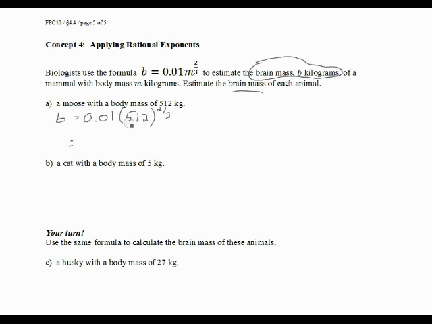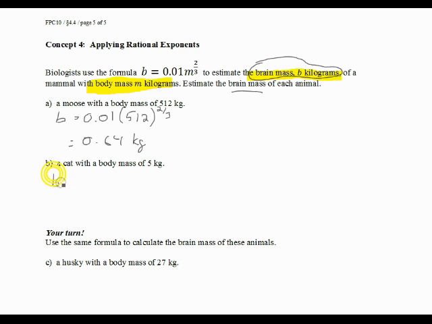You plug that into your calculator and you get 0.64 kilograms. Okay? Key for this is seeing that it tells you what the letters are. It tells you that body mass is the m and brain mass is the B. It tells you it's in kilograms. This one is pretty straightforward.